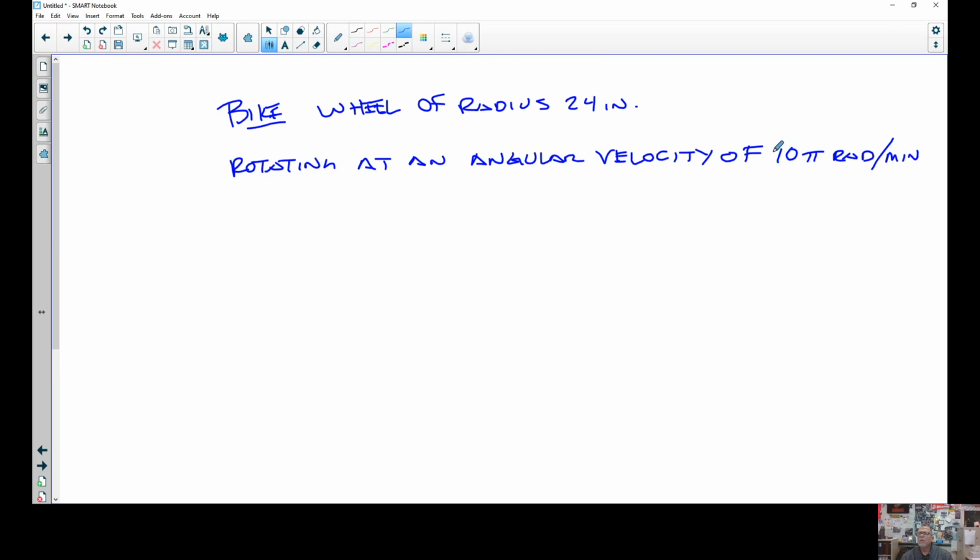Let's do a little bit higher. Let's make it 20 pi radians per minute. So rotating at an angular velocity of 20 pi radians per minute. Find the linear velocity of the bike.